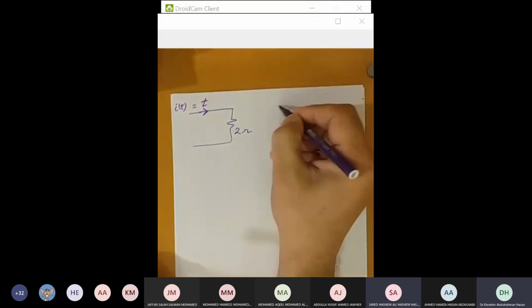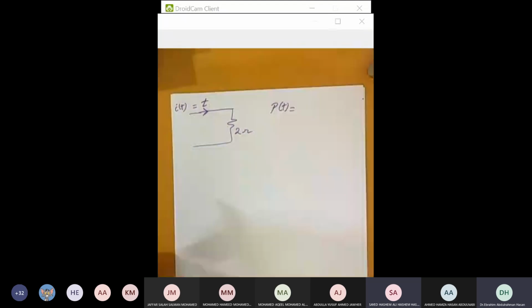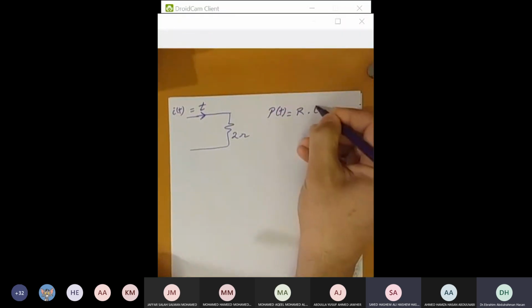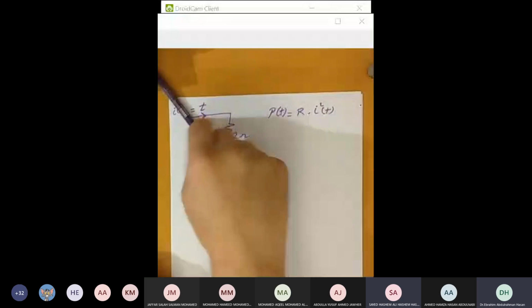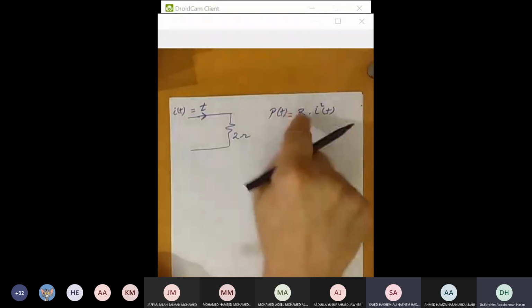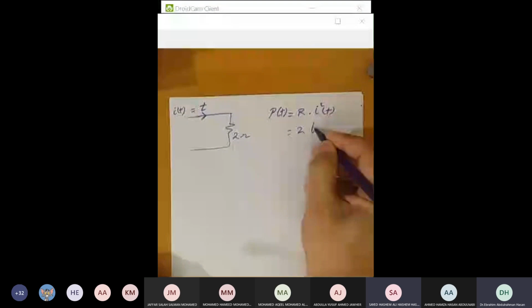Then what is P of t? P of t is equal to R multiplied by I square. أنا ما عندي voltage, you don't need to calculate voltage, but directly here we can find it by R multiplied by I square. So then it is equal to 2 multiplied by t square.